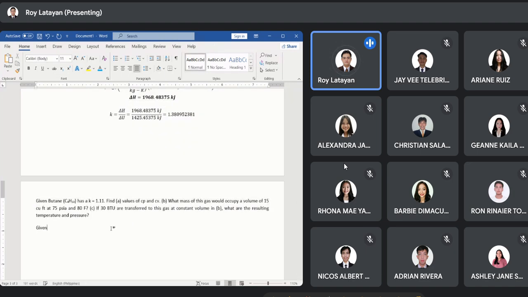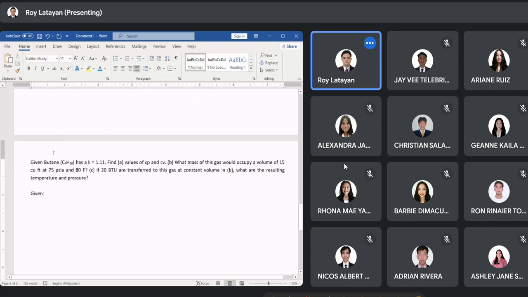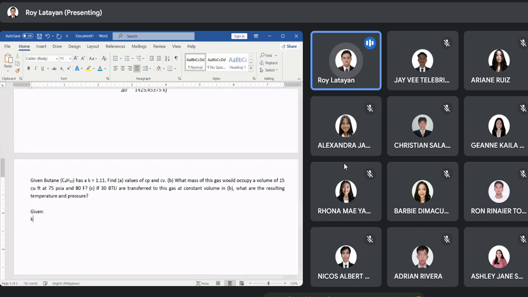So given tayo ng butane. Given tayo ng K ng butane, 1.11.